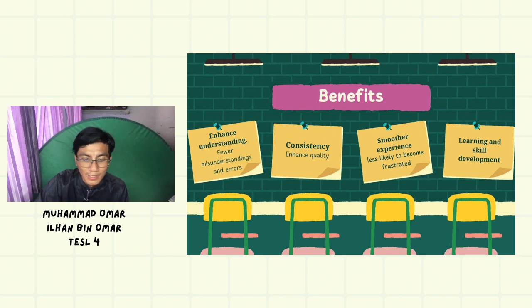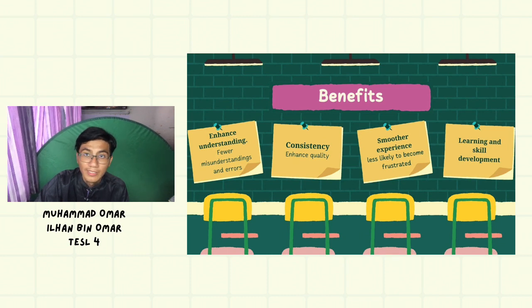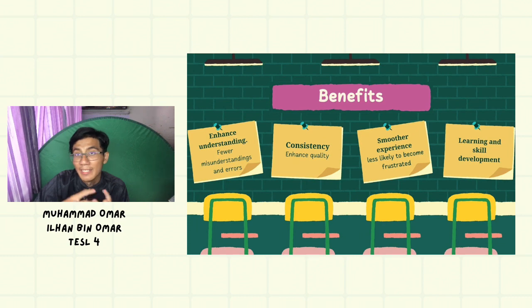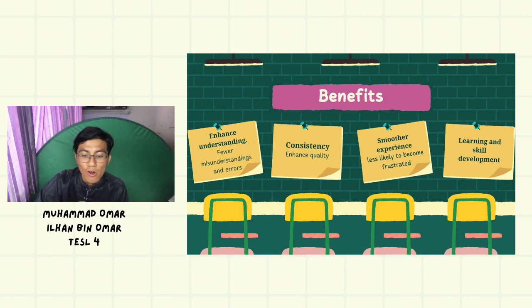the class. Second, consistency. Instruction aids in minimizing variability and enhancing quality by ensuring that the tasks or procedures are carried out consistently. And number three, smoother experience.